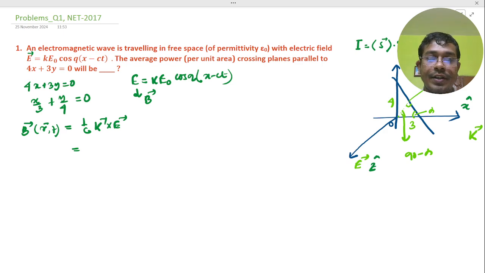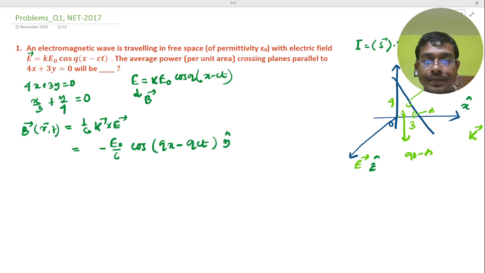You just cross here and get the result: minus E naught by c cos(kx minus kct) in the y direction. And we have the formula of the Poynting vector, that S is 1 by mu naught, E cross B.